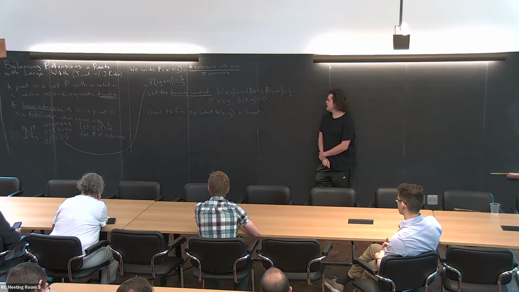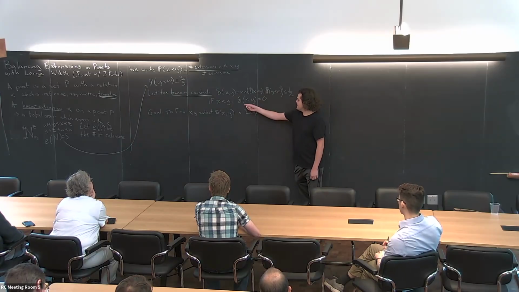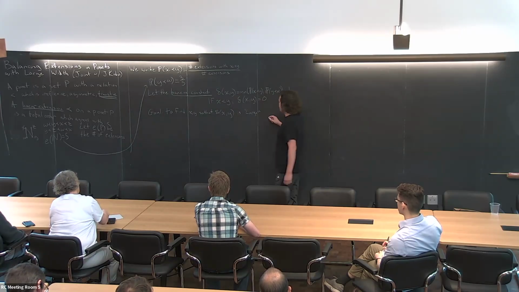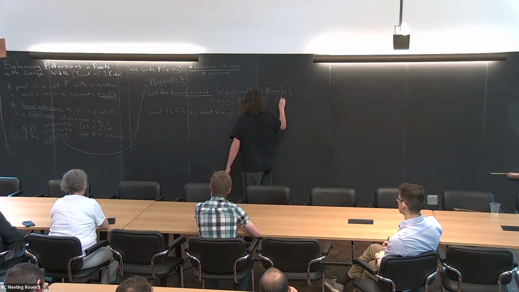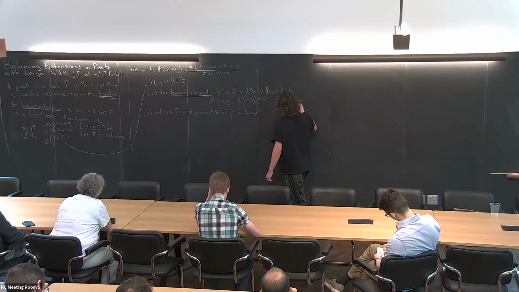So if you have a chain, every comparison is already answered. So for a chain, delta of x comma y is 0 for everything in the chain. And I'm going to define delta of P to be the max over all x and y in the poset of delta of x comma y.